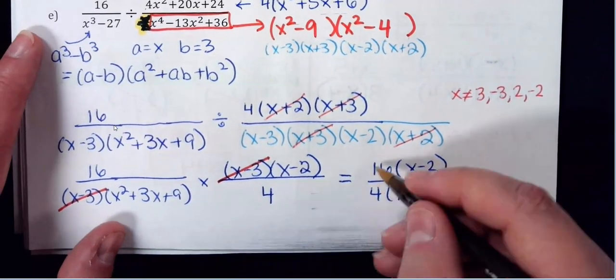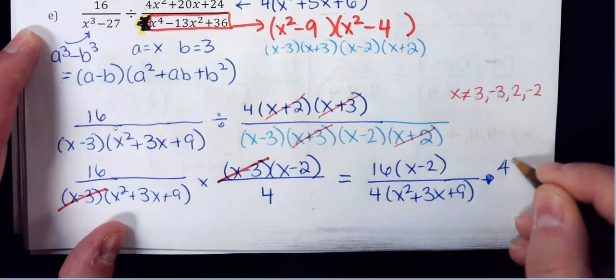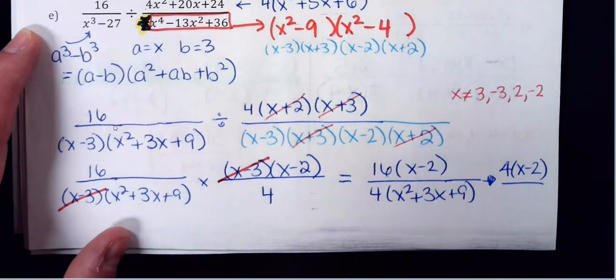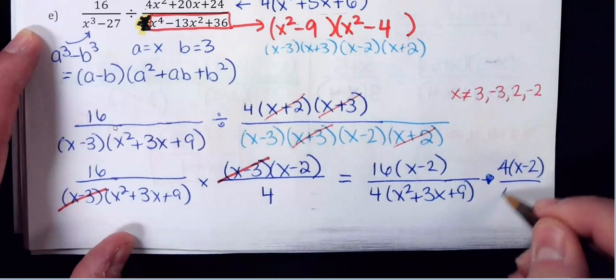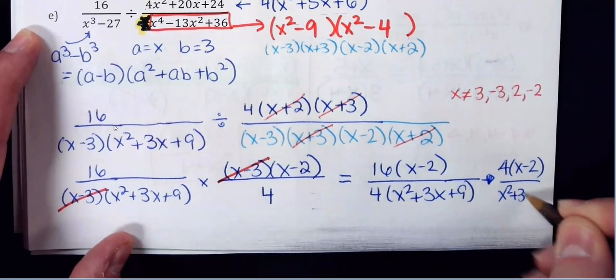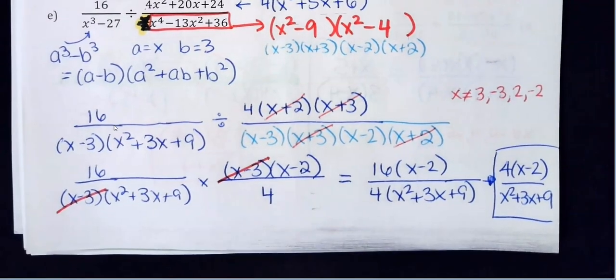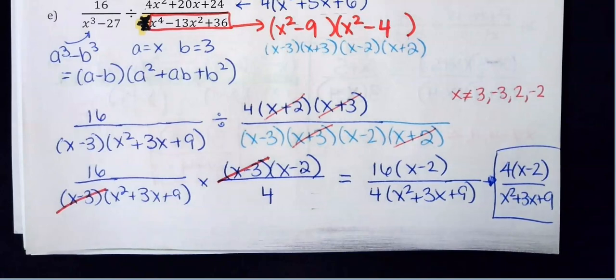Yeah, the 16 and the 4, you can reduce that. So on the top, we're just going to leave a 4 times that x minus 2. That would get rid of the 4 in the bottom. 16 divided by 4 is 4. We would leave that on the top. And then you'd have that x squared plus 3x plus 9 left over on the bottom. I know that last one was a lot, but there's one question like that on the homework, so keep that in mind.